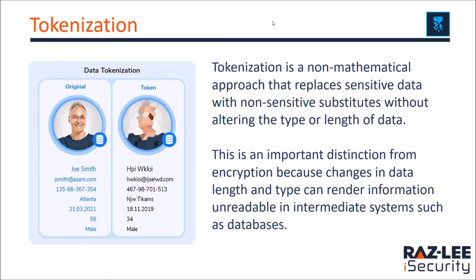As you can see in the picture, we have the original data and we have the token data. So the token data is made with different kind of tokens and they, through an algorithm, change the information and then they can reverse this change. Identically to the encryption in the way of working, but it's a non-mathematical approach, it is a sensitive data approach.